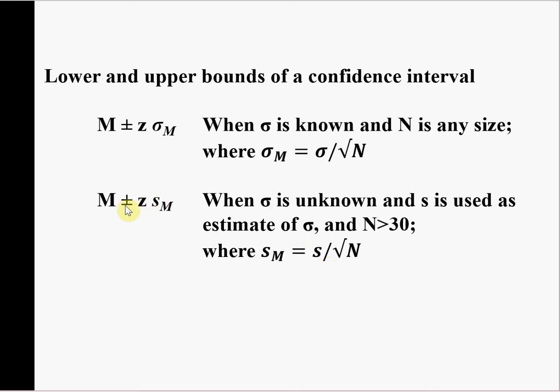That's the difference between this expression and this expression. Both expressions use the sample mean and z-score, but this expression uses the standard error, and this one uses the estimated standard error.